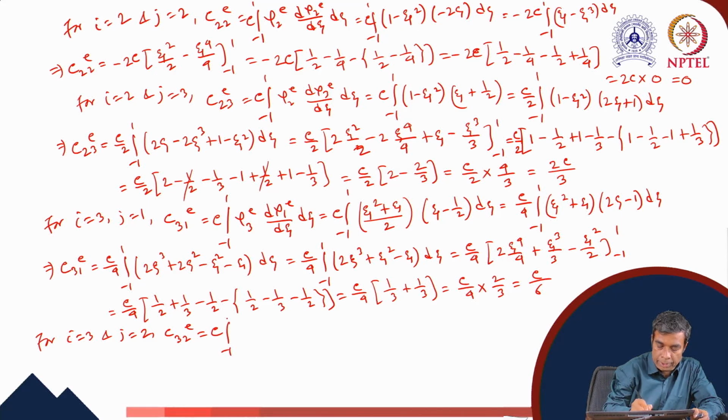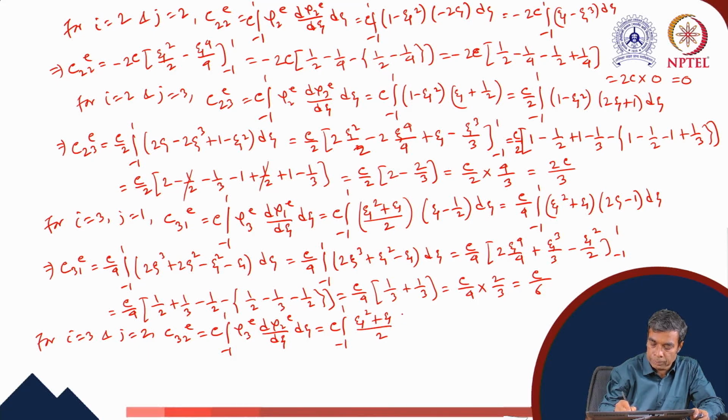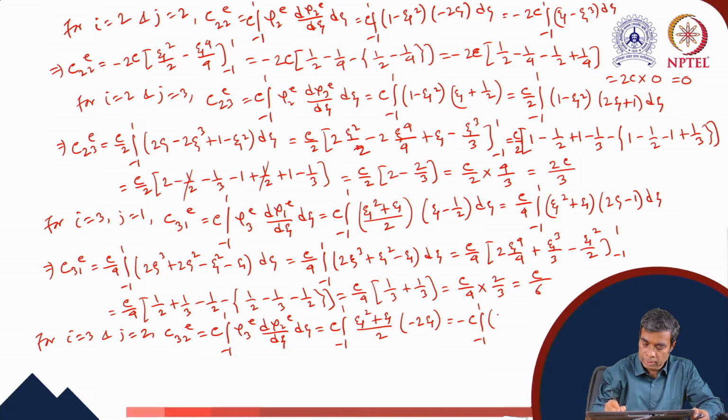c into integration from minus 1 to 1 psi 3e d psi 2e d xi equals to c into integration from minus 1 to 1 xi square plus xi by 2 into minus 2 xi equals to minus c integration from minus 1 to 1 of xi cube plus xi square d xi.